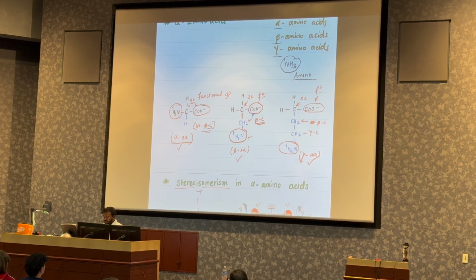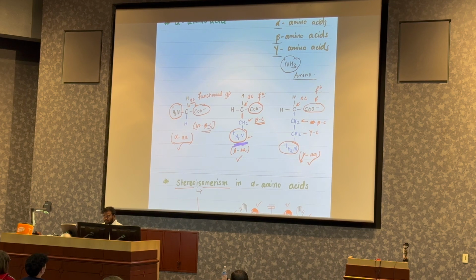This next carbon is called beta carbon, and the amino group attached to beta carbon is why this is called beta amino acids. We call alpha amino acids because the amino group is attached to the alpha carbon.